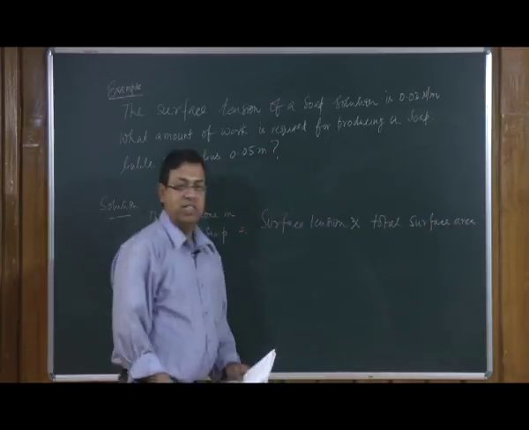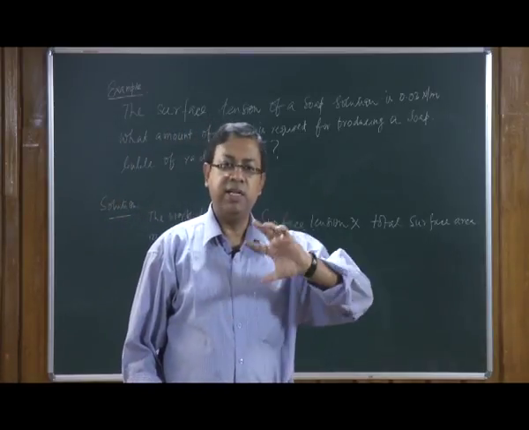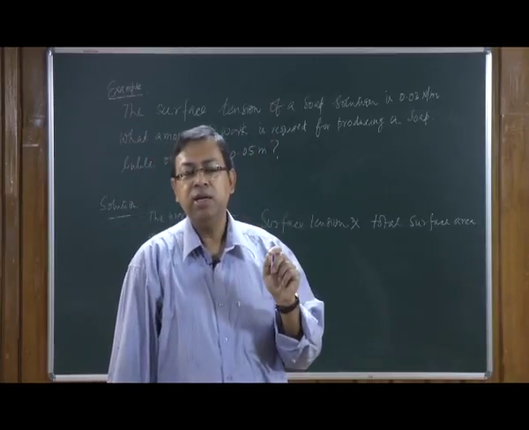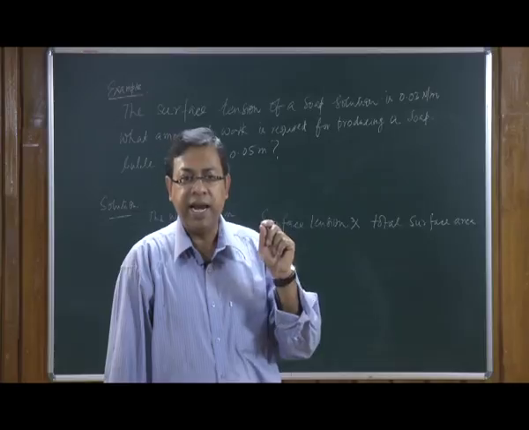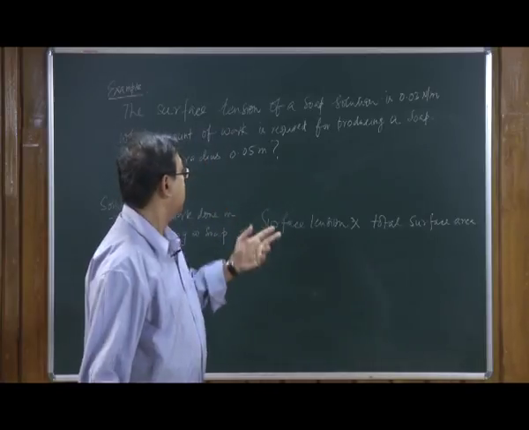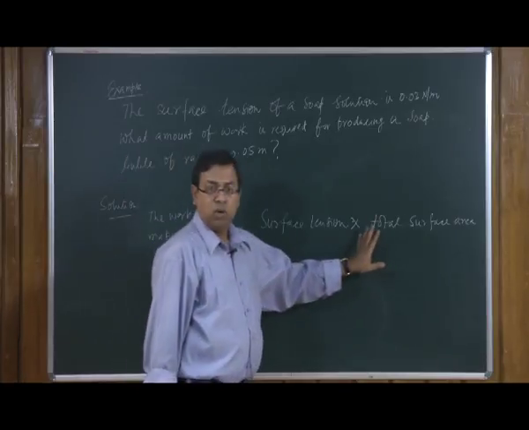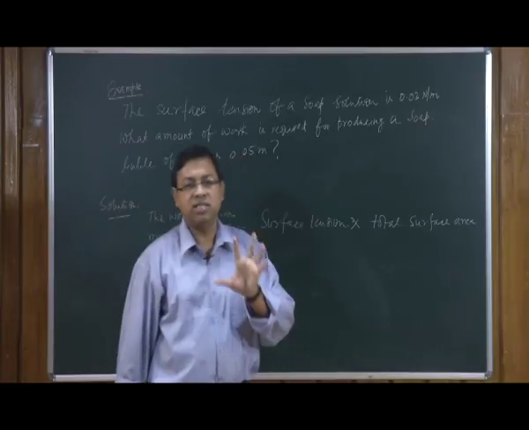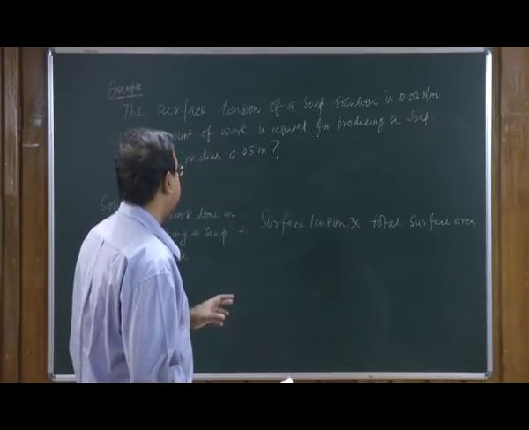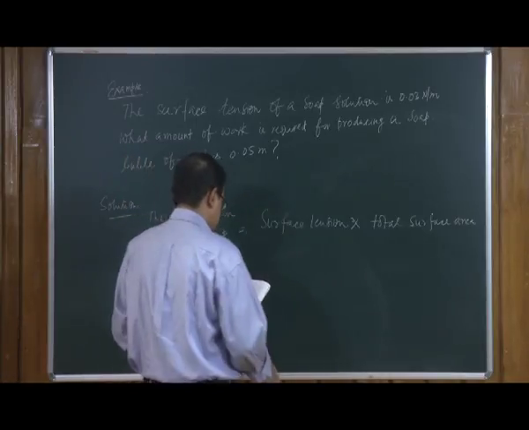Now, this total surface area is important because there is an inner surface and there is an outer surface, but the bubbles are very thin. So, we can take the radii of each of the surfaces to be the same as this radius. However, the total surface area will be twice the surface area of the sphere that is having this radius.